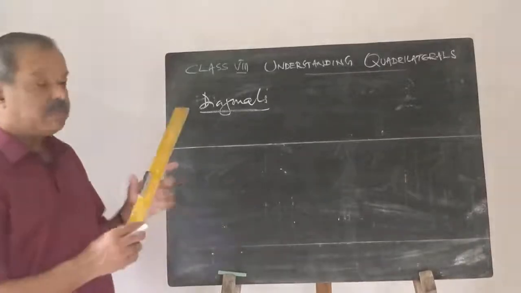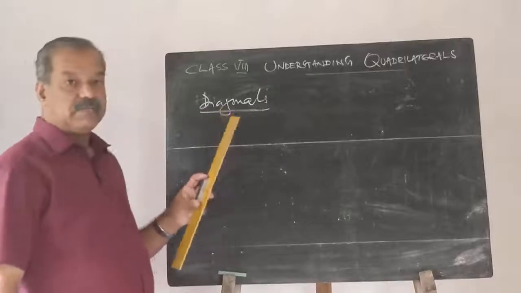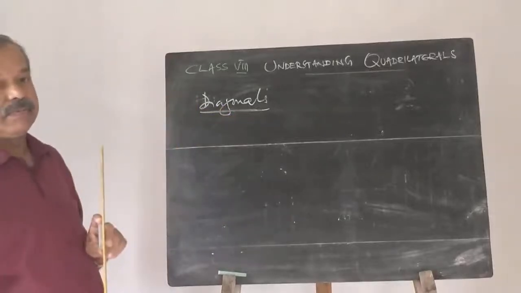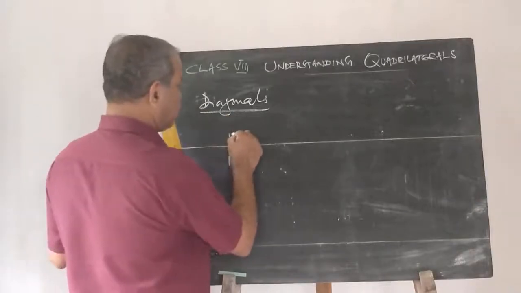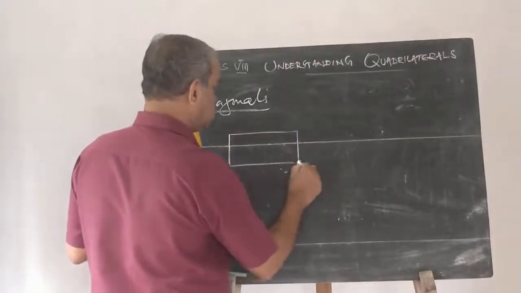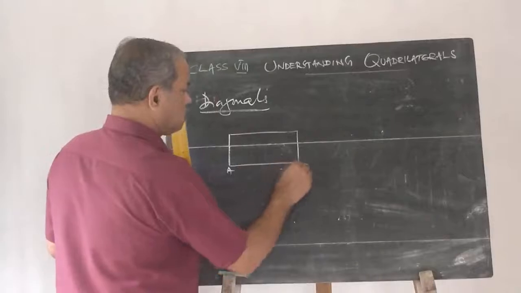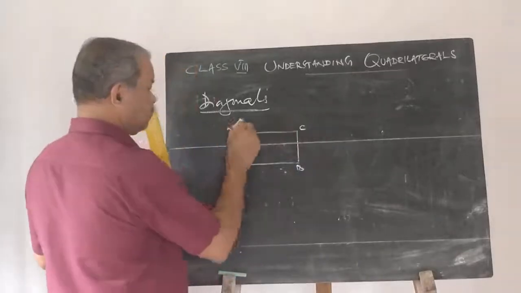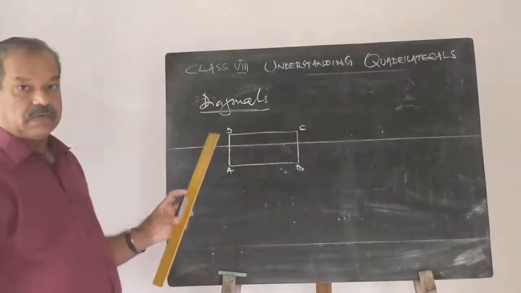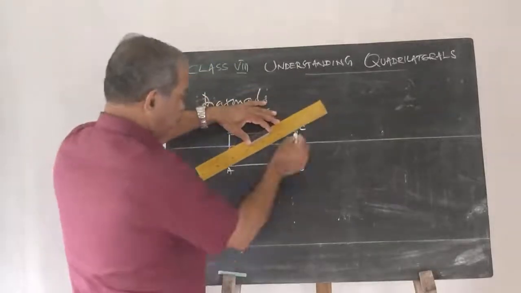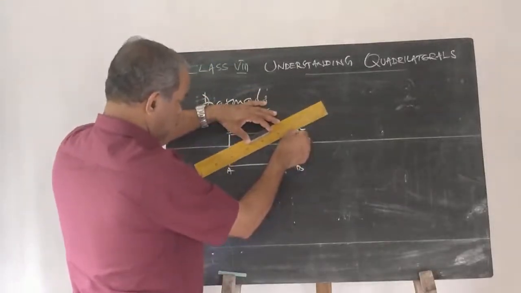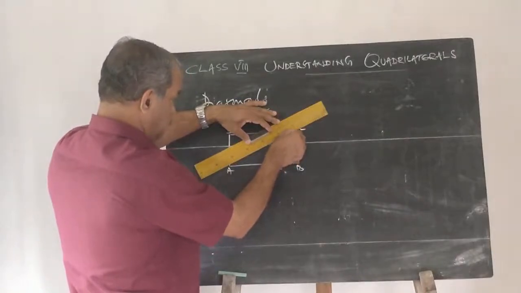Now, what do you understand by the diagonals of a polygon? Consider this figure. This is a polygon, a rectangle. We can join A and C using a line segment.